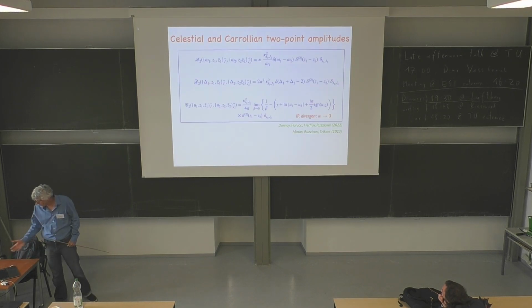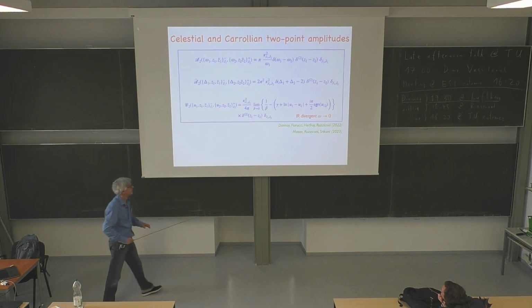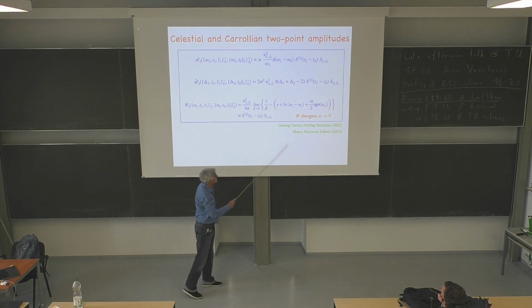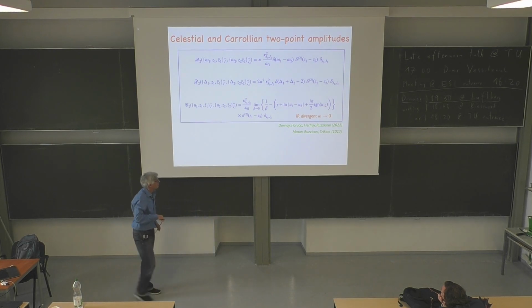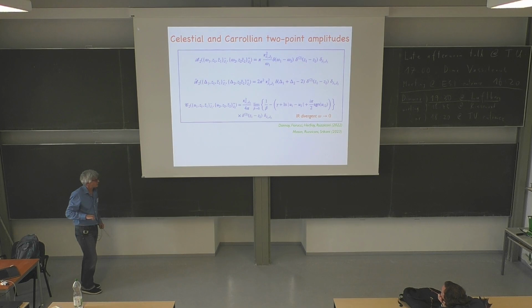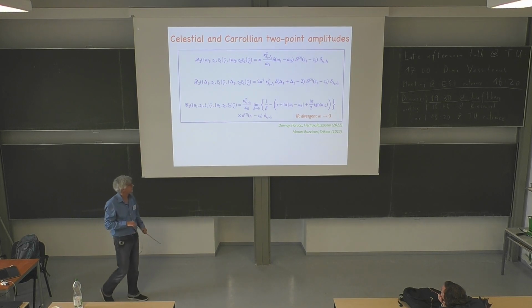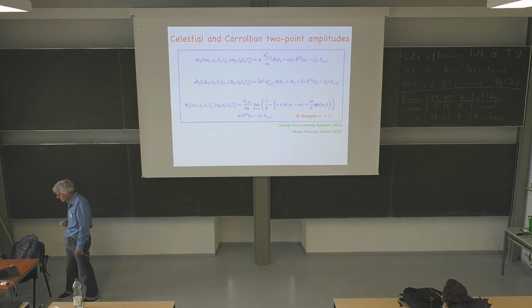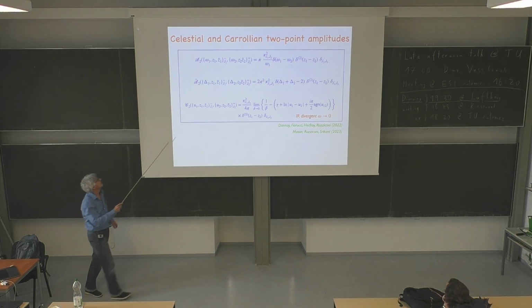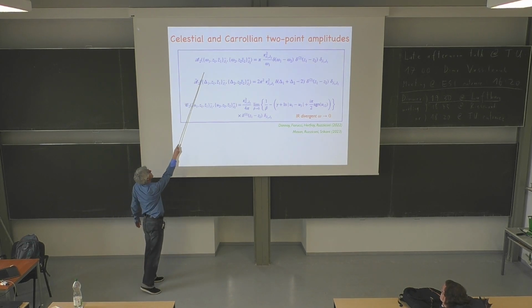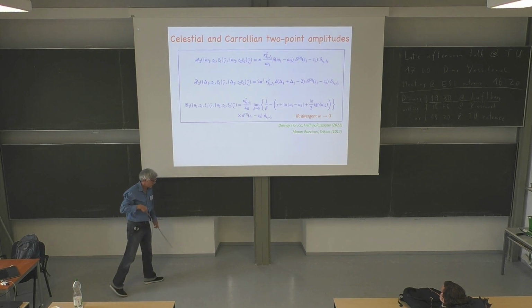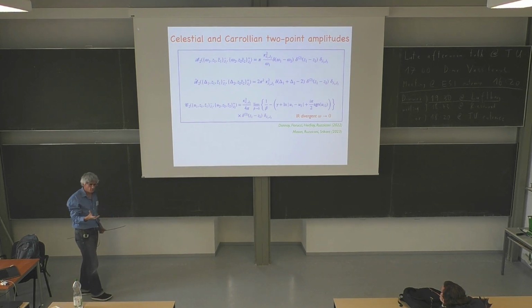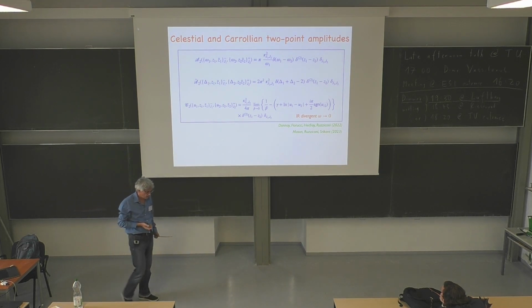So I give you again, I need to borrow results from the other groups, from other people. So this is how it looks for the simplest amplitudes, the 2-point celestial amplitudes. So you start with a 2-point amplitude in Minkowski space, which you just rewrite in terms of the coordinates I gave you that describe the massless particles.